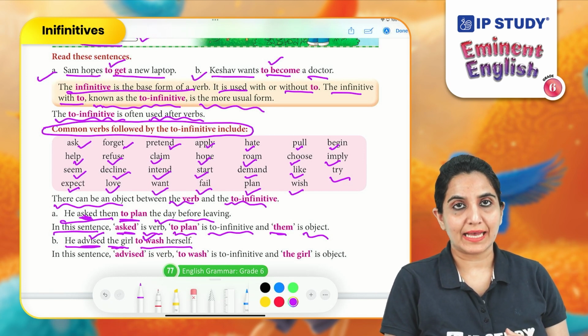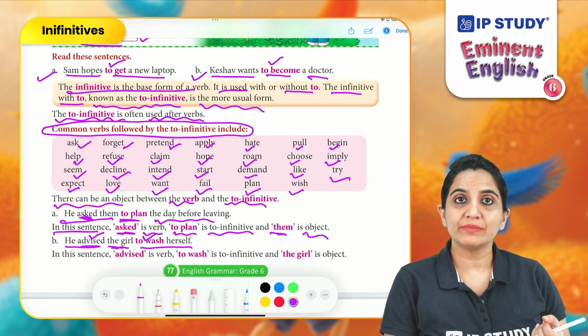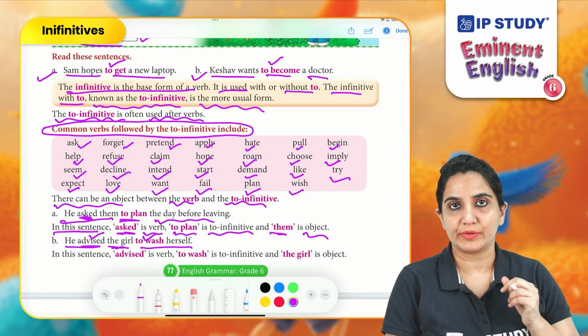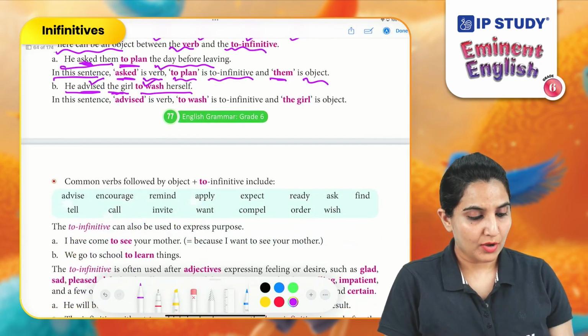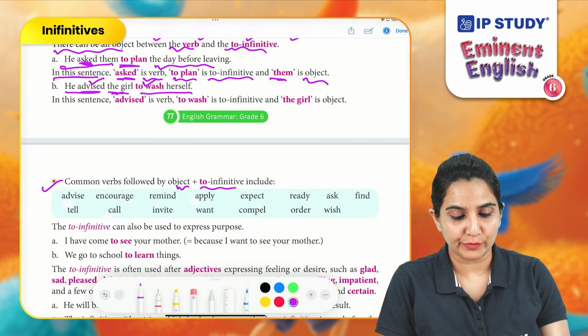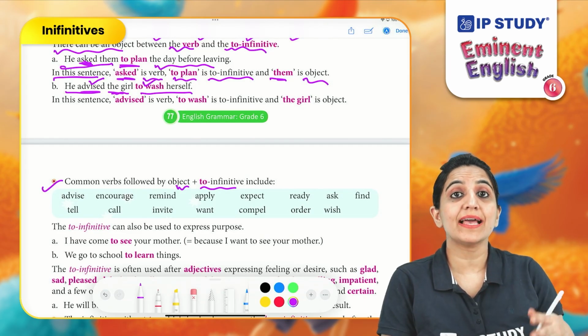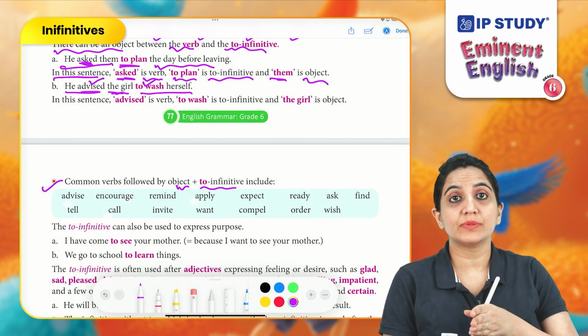So, this is an example of to-infinitive, and often the to-infinitive in a sentence may have an object between the verb and the to-infinitive. Common verbs followed by the object and the to-infinitive include, that means the verbs which require an object as well as the to-infinitive.